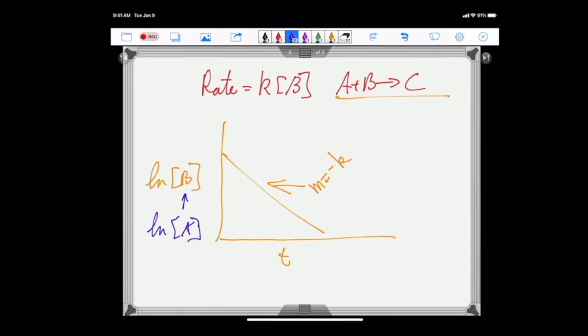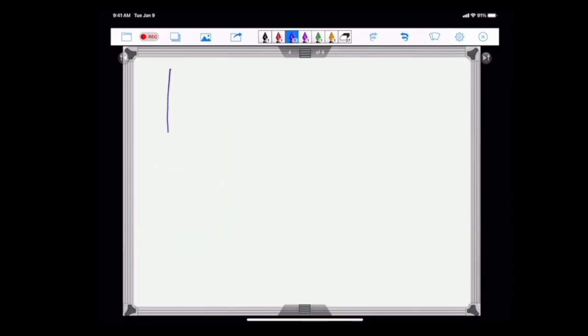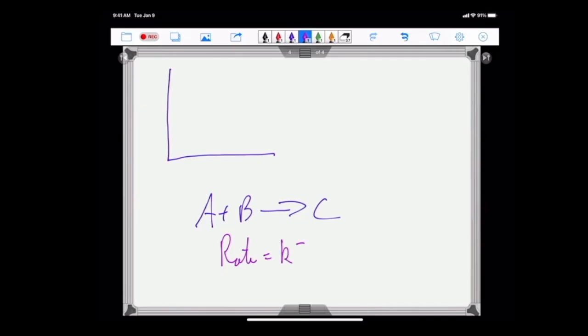Let's step back 1 second. If I were to graph that last example, A plus B to make C, we said it follows rate equals K times B. It is first order in B. If I were to graph the concentration of anything, just any of the concentrations against time, and I could have put on here, A is going to be in red, B is going to be in purple, C is in green.